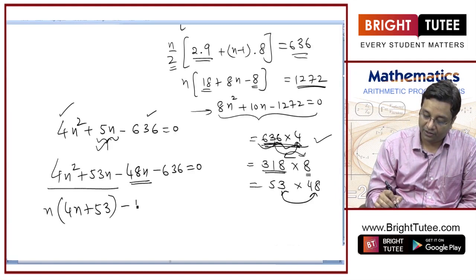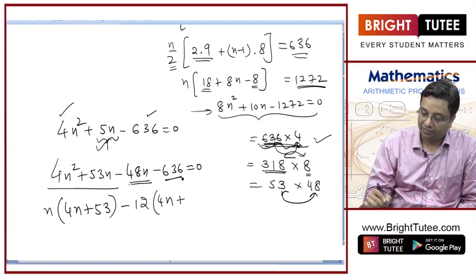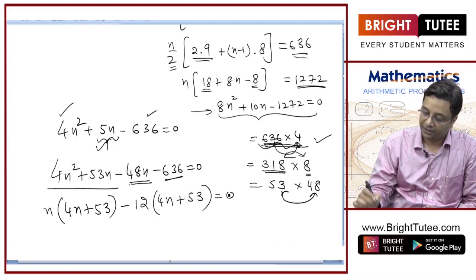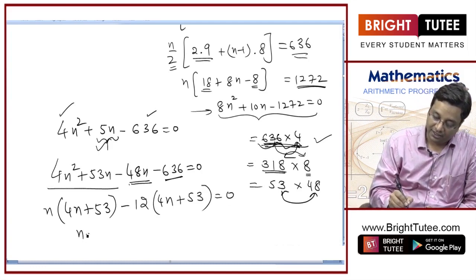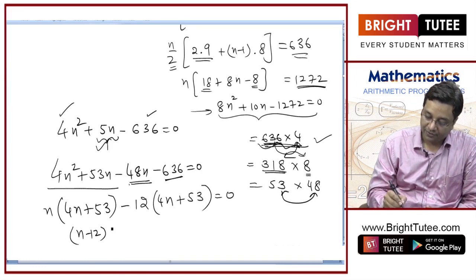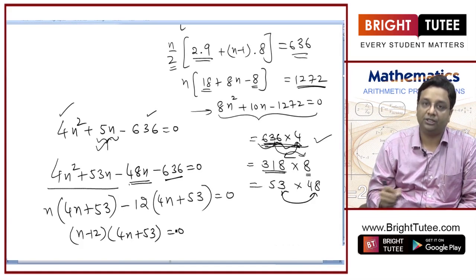I will have to take 12 as common to make it 4n. So it will become 4n plus, if I divide it by 12, 12 5s are 60, 12 3s are 36, 4n plus 53, right? So the factors here are n minus 12 and 4n plus 53, which is equal to 0.